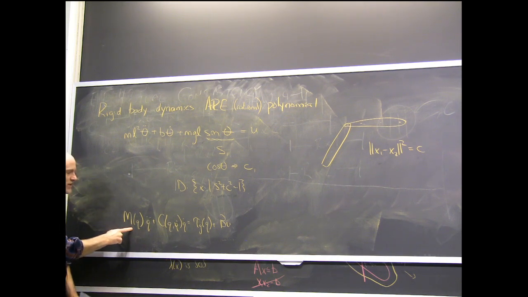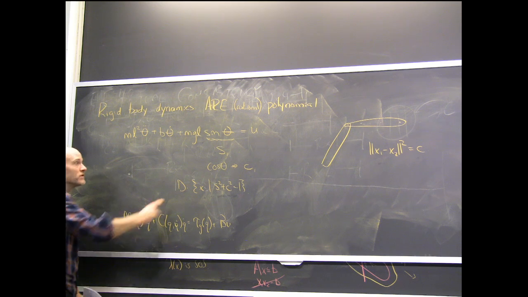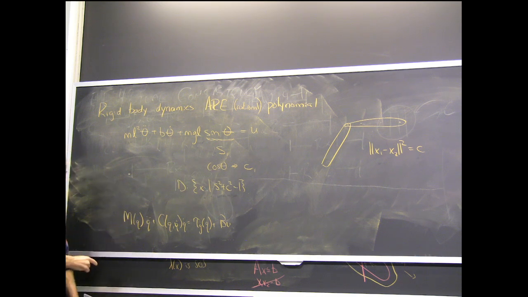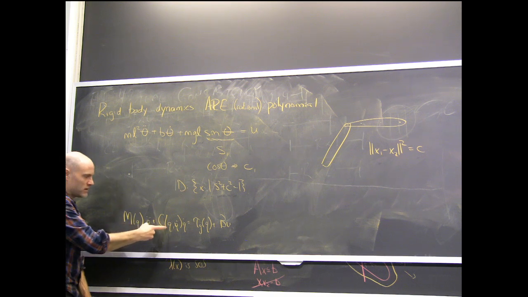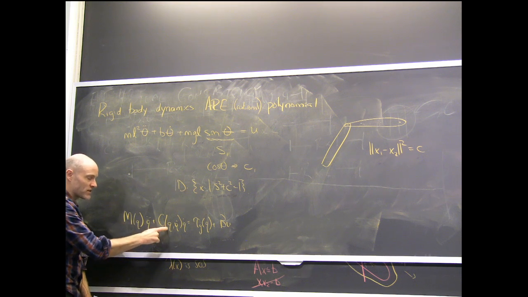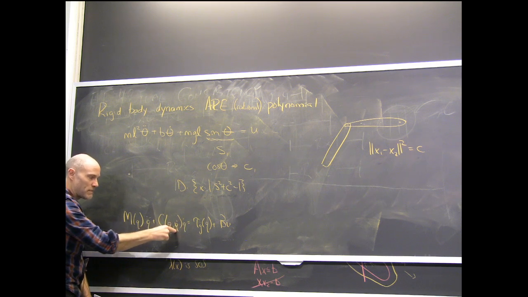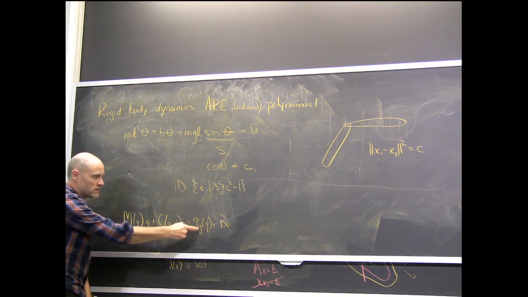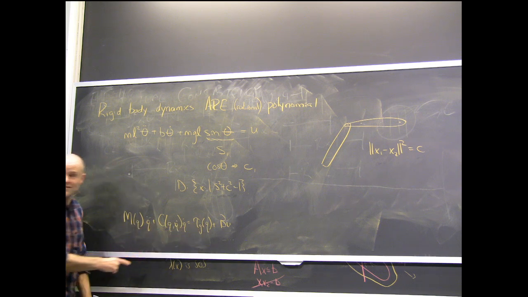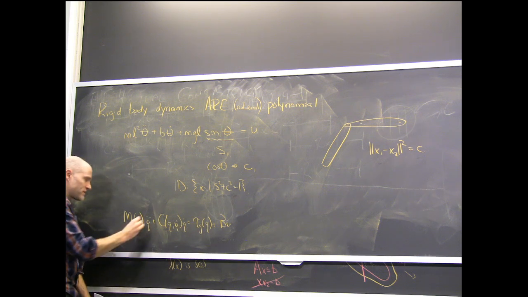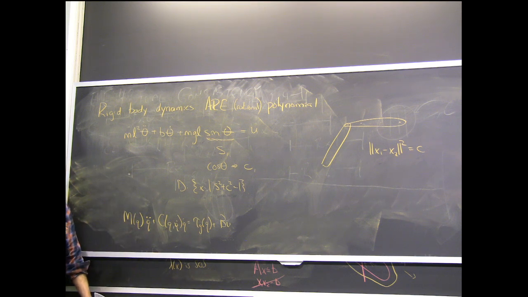M is going to turn out to be polynomial in sines and cosines. Okay, not even theta dot, just in sines and cosines. C is going to be polynomial in sine, cosine, and theta dot. Similarly all through, okay? But if I take the mass matrix inverse to get the forward dynamics, the mass matrix inverse is going to turn it from a polynomial equation into a rational polynomial equation.